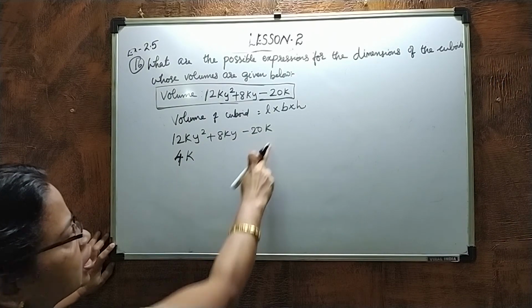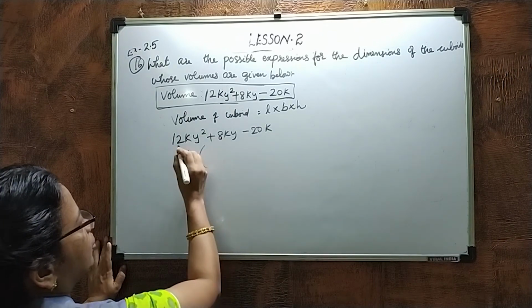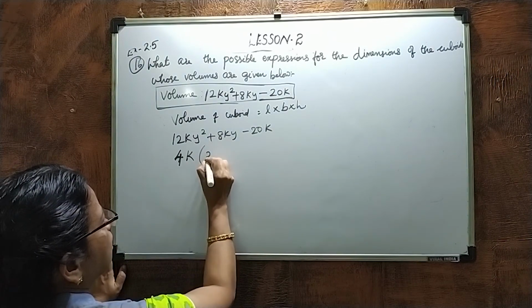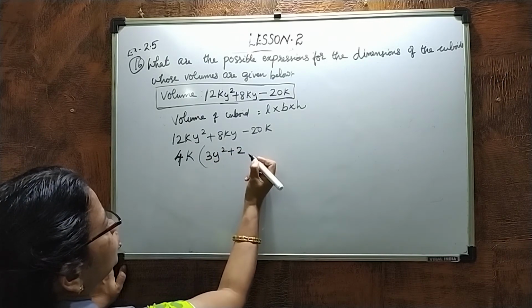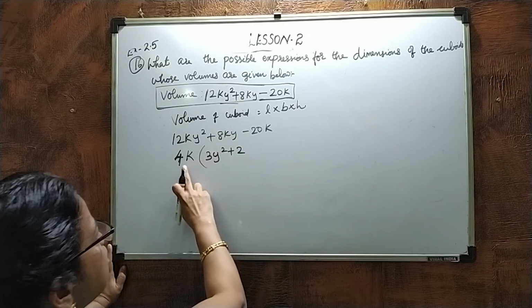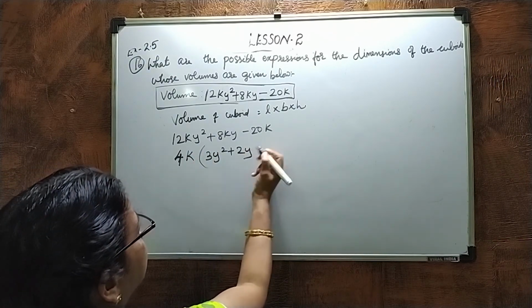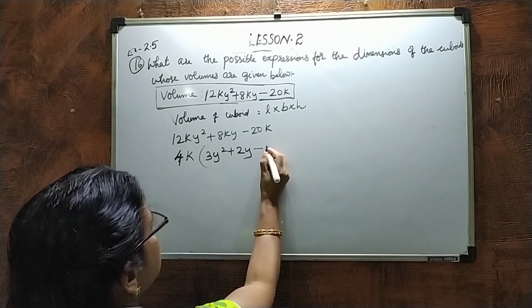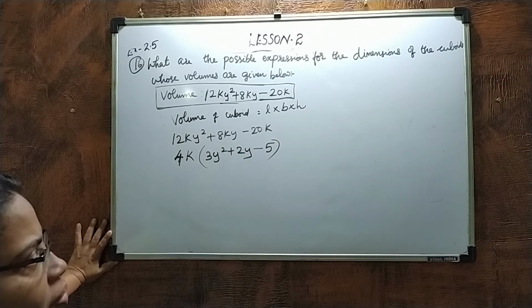In the third term y is not there, so we cannot take it; only 4k we can take outside. Balance it will be 3y square plus 2y minus 5.